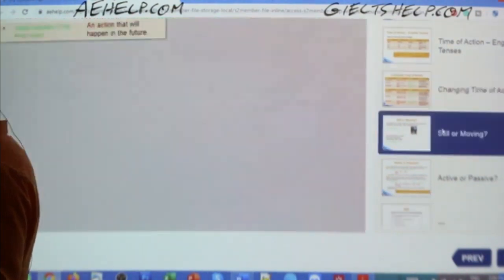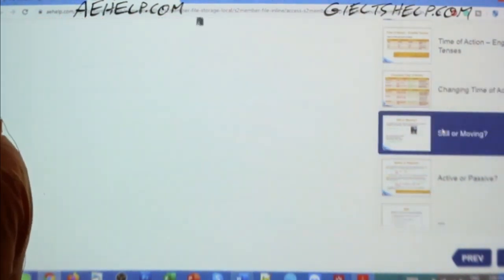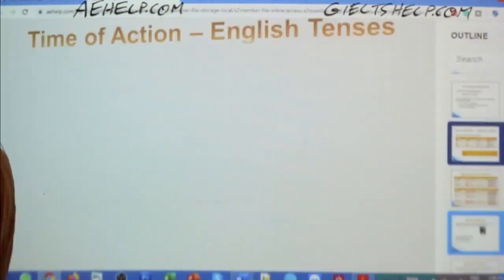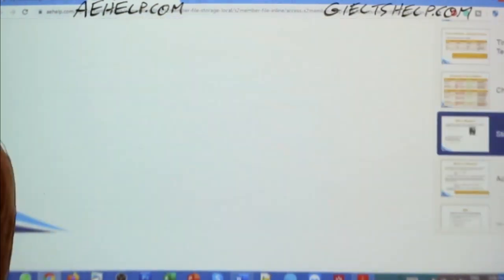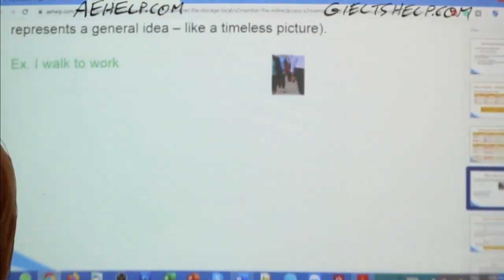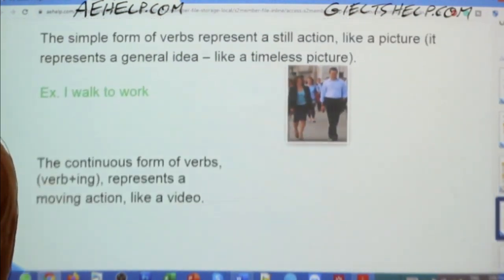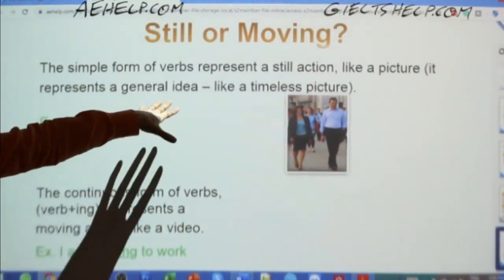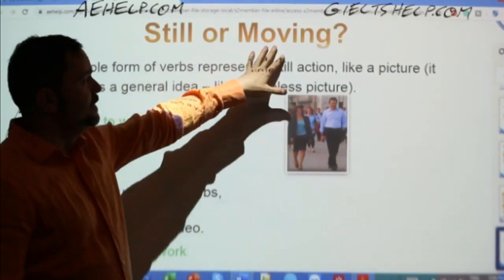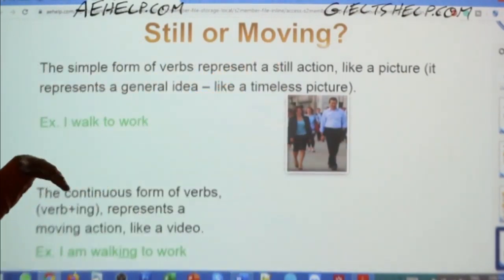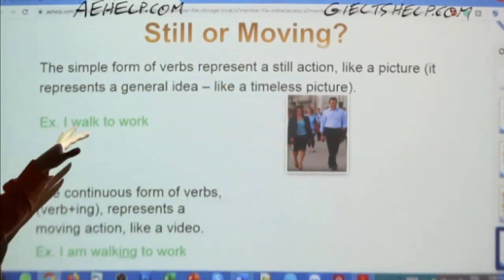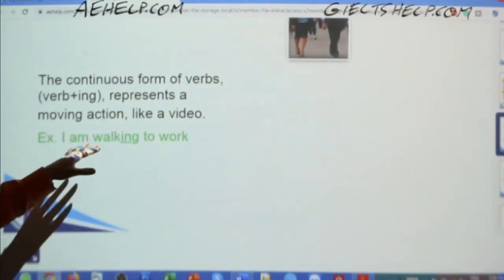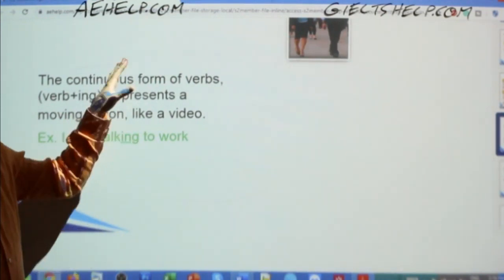So here's a cool slide that kind of gives you an idea of what's happening here. So here you see this still or moving, right? This is where you can use the sentence, I walk to work, or I'm walking to work. So the progressive versus simple form.